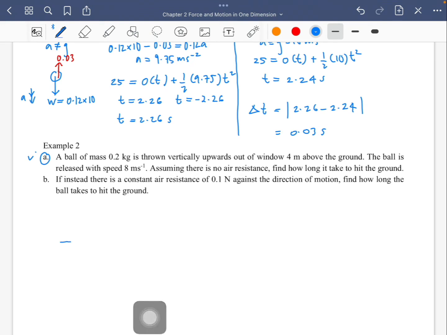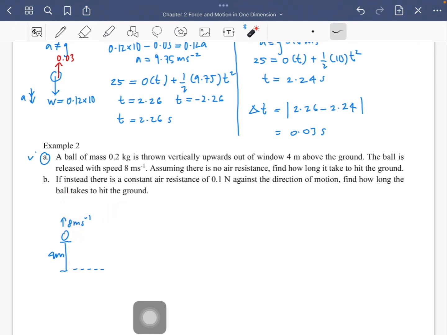Start from 4 meters above the ground, with an initial velocity of 8 meters per second. The ball starts from this point, goes up, reaches the maximum point, and then goes down to the ground, and we're going to find how long it takes.